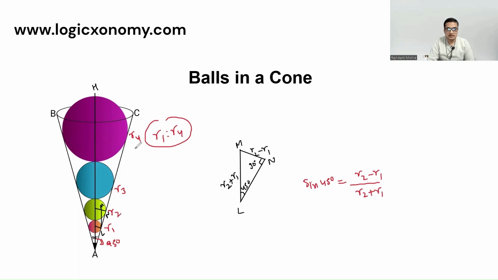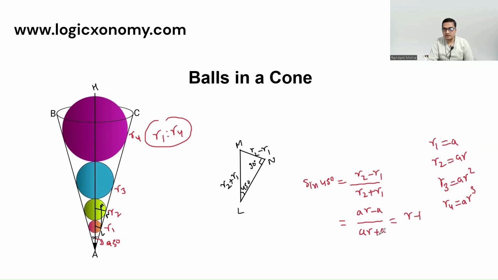Since R1, R2, R3 and R4 are in GP, let R1 is equal to A, R2 is equal to AR, R3 is equal to AR square and R4 is equal to AR cube. Put these values here. AR minus A by AR plus A, R minus 1 by R plus 1. Sin 45 is equal to 1 by root 2, R minus 1 by R plus 1.